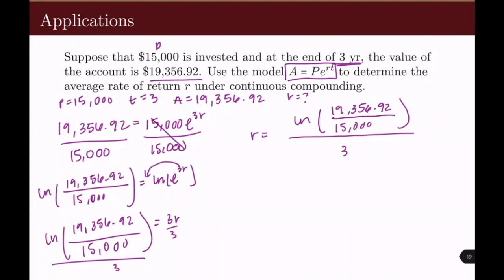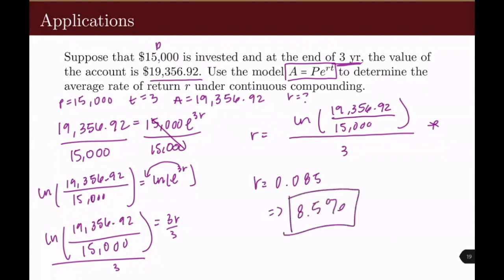This is the exact answer. However, we will approximate it. When you put that into a calculator, you should get 0.085, which essentially means approximately 8.5% was your rate that you were investing with.